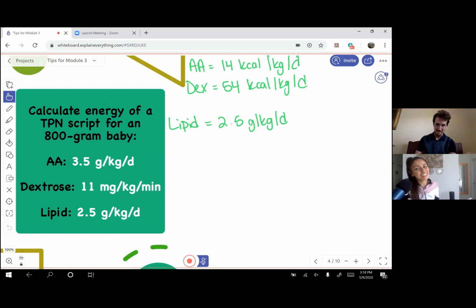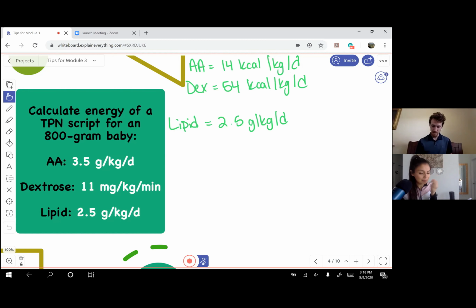Okay, I know this one. It's 9. No. Oh, no. You're confusing it again with the regular nutrition. For this TPN, lipids provide us 10 calories per gram.